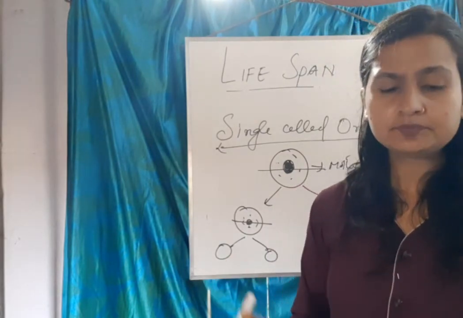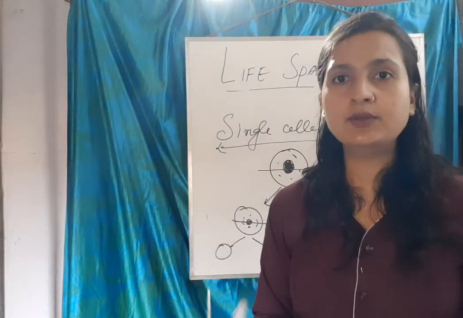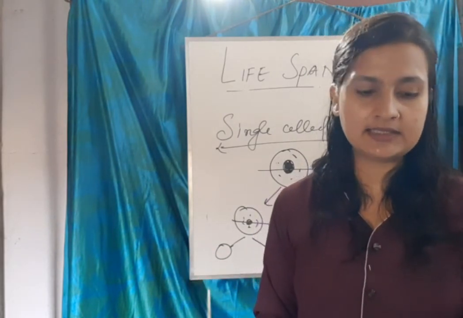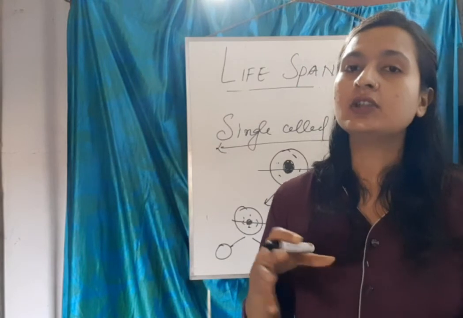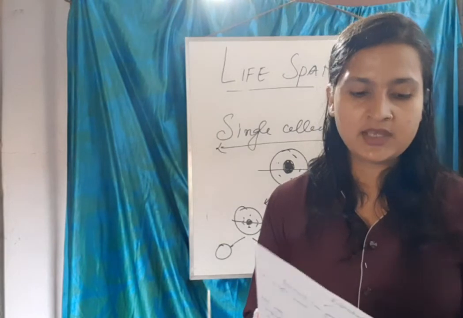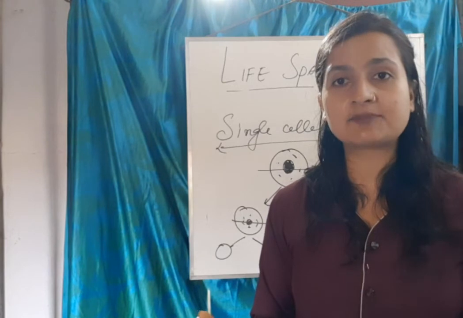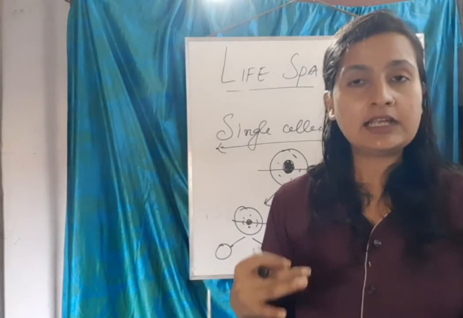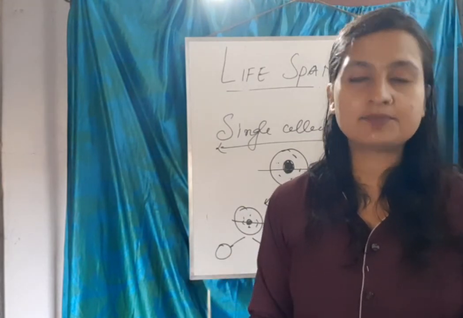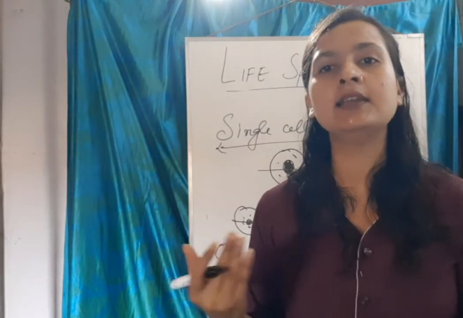Then we learned the three types of lifespan. Maximum lifespan is related to a species, particularly for a species. Average lifespan is based on the average of a whole population. Then life expectancy is the number of years an organism is expected to survive. Then it includes four stages: first juvenility, second maturity, third aging, fourth senescence, and ultimately death.